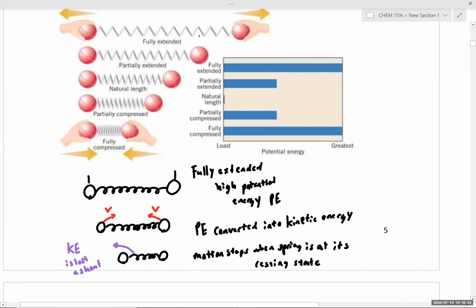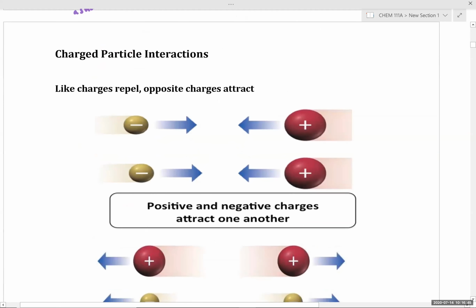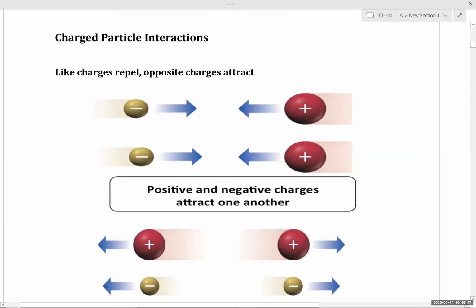Okay, perfect. So we have this idea of potential energy. We looked at a spring, and now you may ask, what does that have to do with chemistry? Well, if we think a little bit about charge-particle interactions, we can draw an analogy to the behavior of a spring. We know that like charges repel and opposite charges attract.